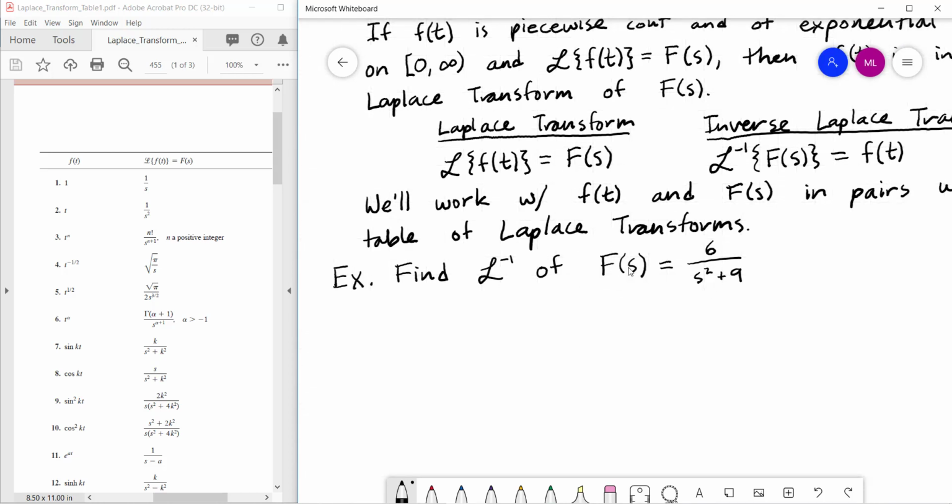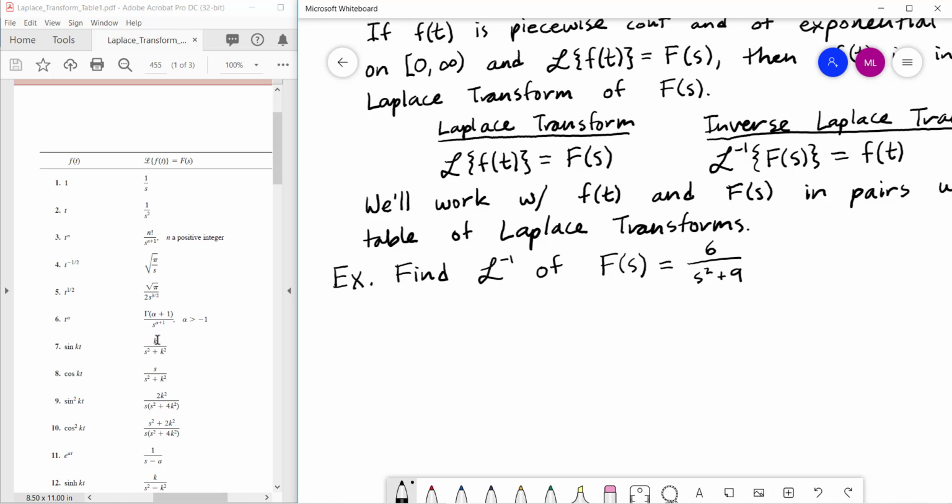What that means is right now we have capital F of s, something that shows up in the right column of our table. So I need to scroll through this right column looking for something that looks vaguely like this. It's a fraction, it has a constant on the top, and it has s squared plus some constant on the bottom. As we go through this, I run into this one right here that looks suspiciously similar.